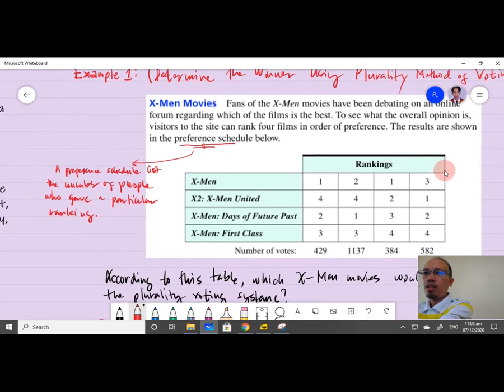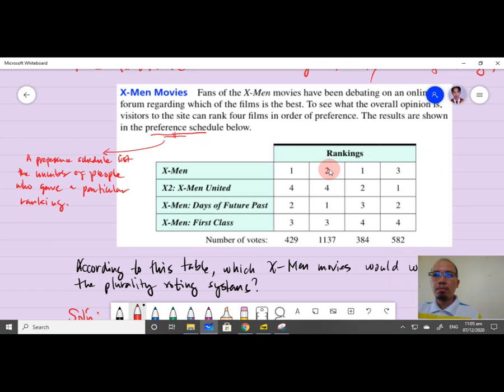So as you can see here, let me explain the meaning of this table. Remember at the bottom here, 429. What does this number signify in this preference table? It means that for these 429 voters, their preference is this column here.